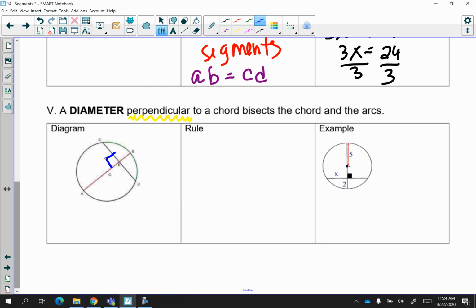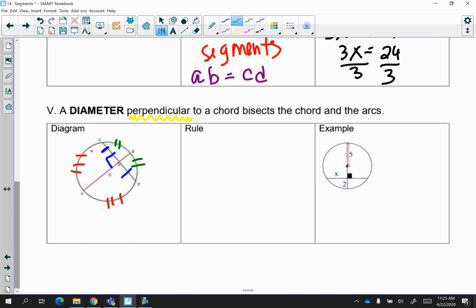It bisects the chord, so that means this piece and this piece are congruent, and the arcs. So now that means this arc and this arc are congruent, and this arc and this arc are congruent.